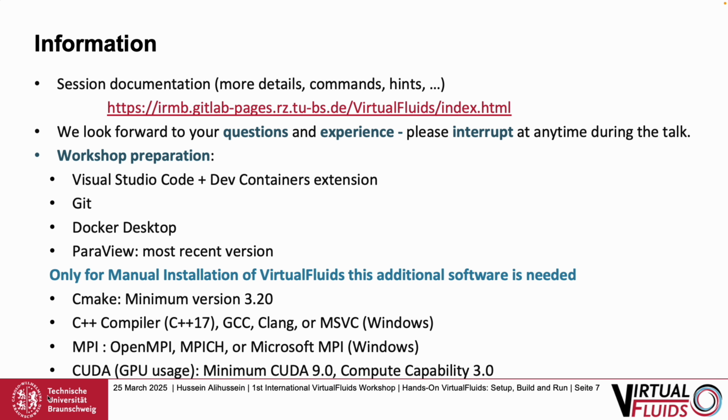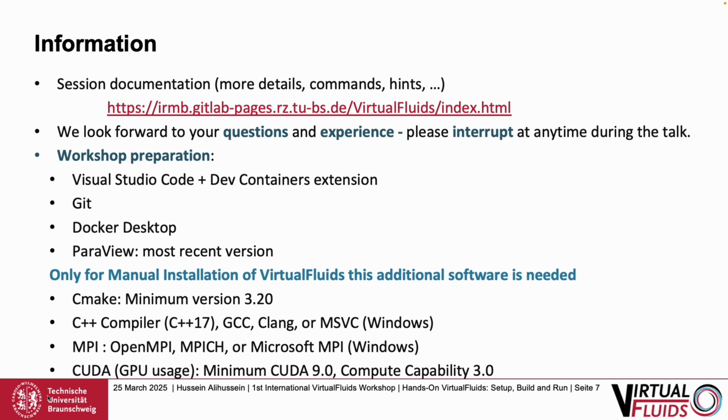And for the rest of the upcoming sessions, we need to prepare ourselves. So we have to have these prerequisites. We have to have Visual Studio Code plus an extension called Dev Containers. We need to install Git, Docker Desktop, and ParaView.